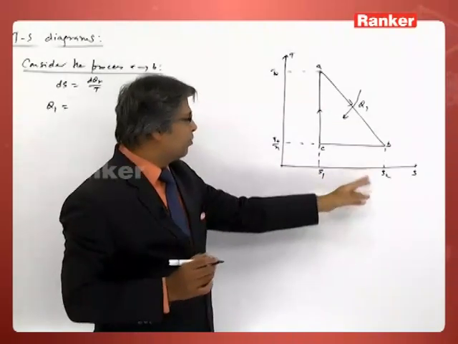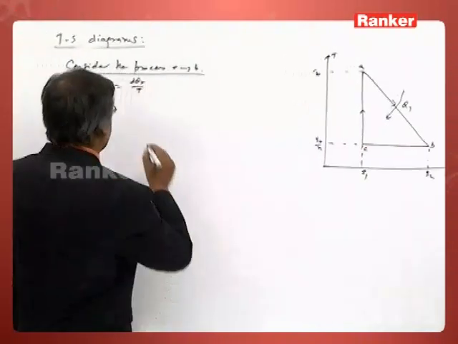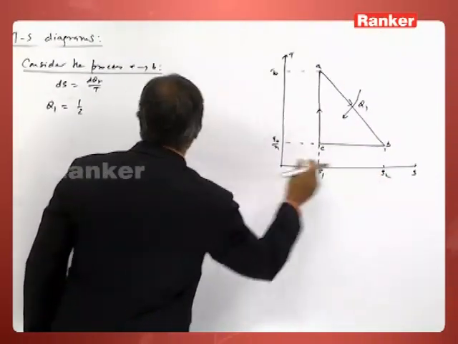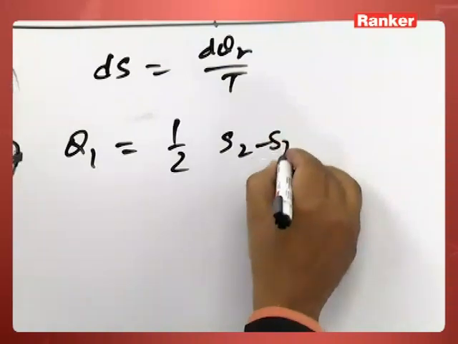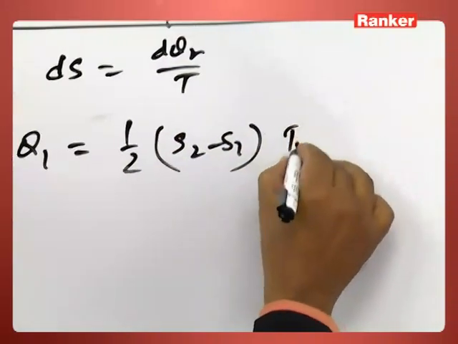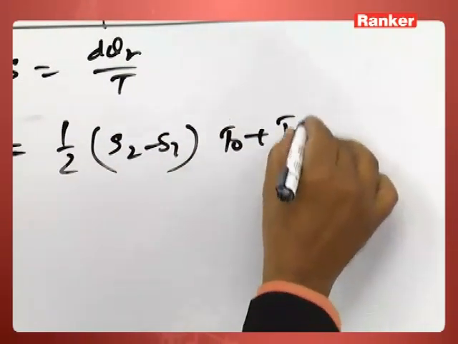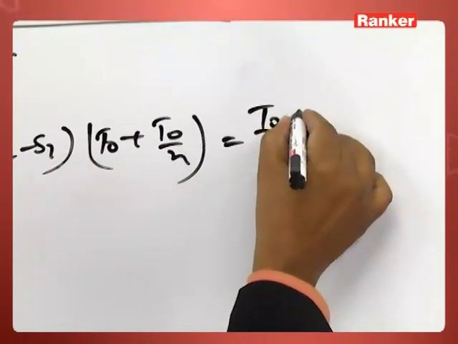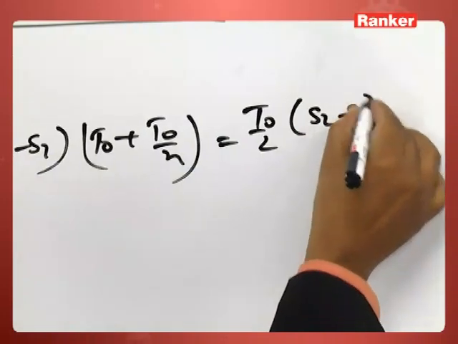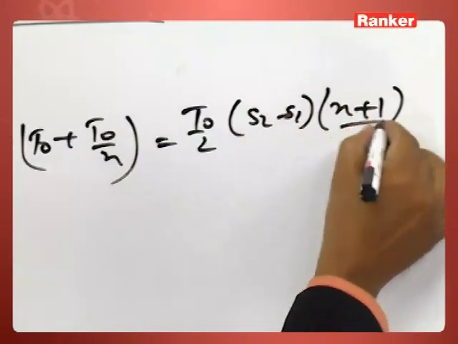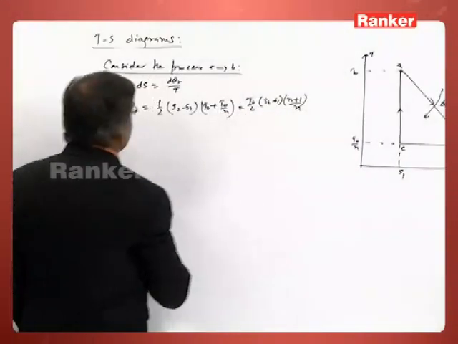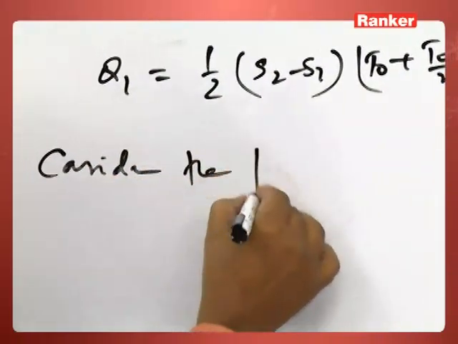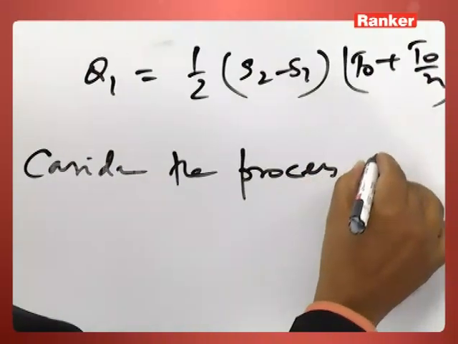So this area is half, then the difference S2 minus S1, and then T0 plus T0 by N. So that is T0 by 2, S2 minus S1, N plus 1 by N. Next, consider the process B to C.